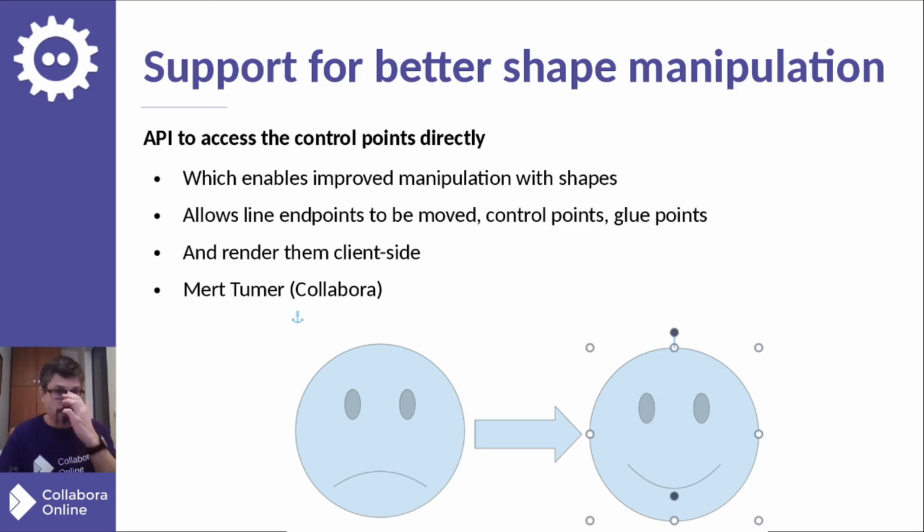But now it is possible thanks to Mert, who has implemented IDs for these various points, and allows LibreOffice to access them and render them on the screen on the client side on one hand, and on the other, when the user decides to change the shape of the smile, to transfer this information back to the LibreOffice core and change it from the sad face to the smiling face.